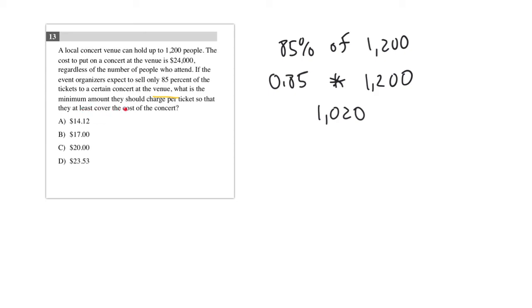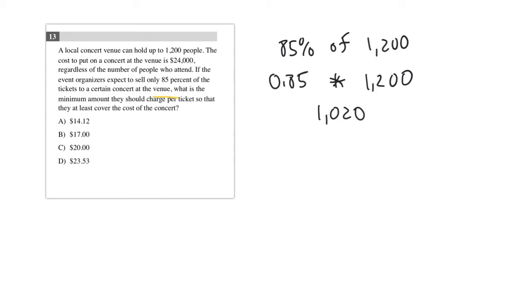If they want to at least cover the cost, let's find out the price per ticket they would need to charge in order to cover exactly 24,000, right? We're imagining a scenario where they sell a whole bunch of tickets at a certain price and they make exactly $24,000, which covers the cost of the concert. They don't make more than $24,000. So in other words, they don't make a profit, but they could at least cover the cost of the concert.